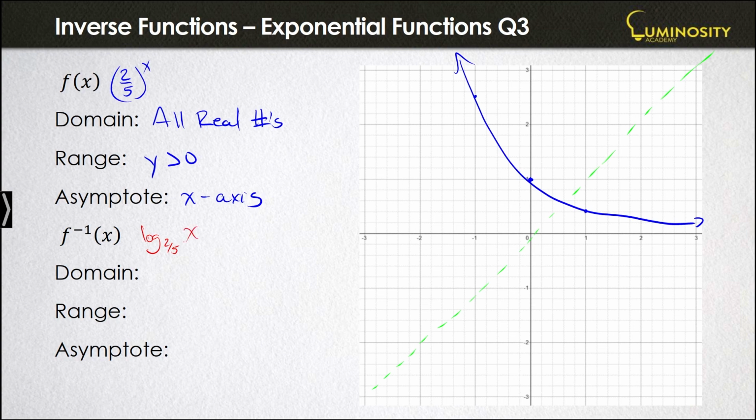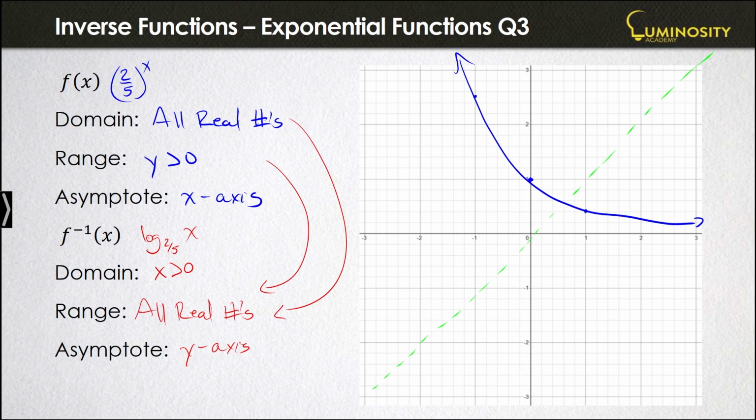So we want to swap our domain and ranges. And so our domain is actually going to be the range for the other one, which is x is greater than 0, and our range is going to be all real numbers. And that means that our asymptote is going to be the y-axis.